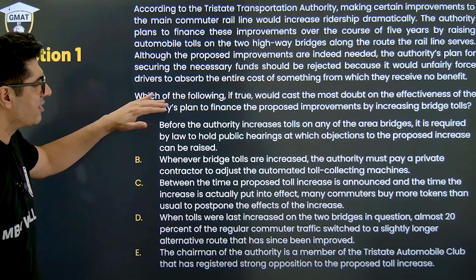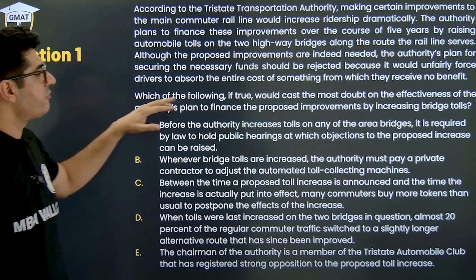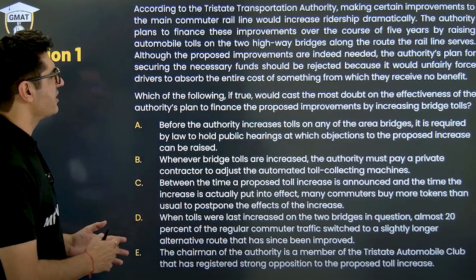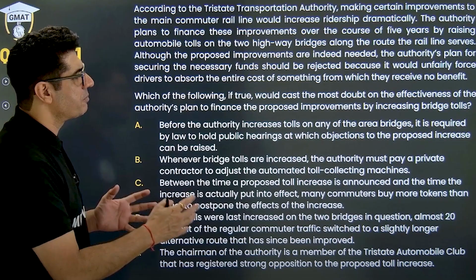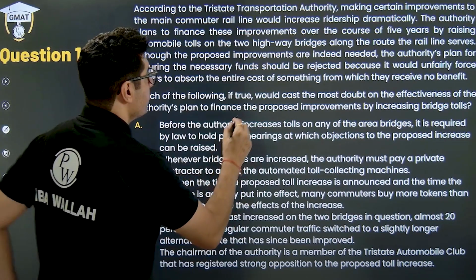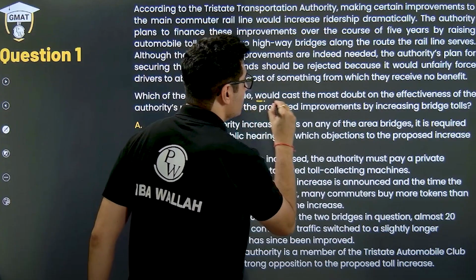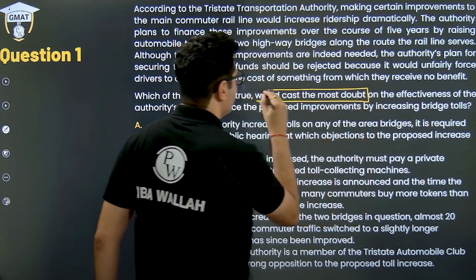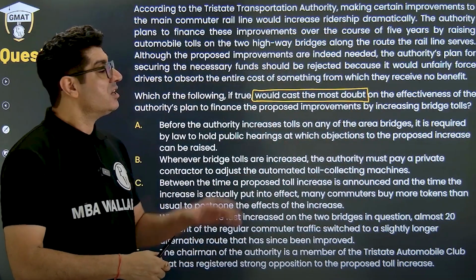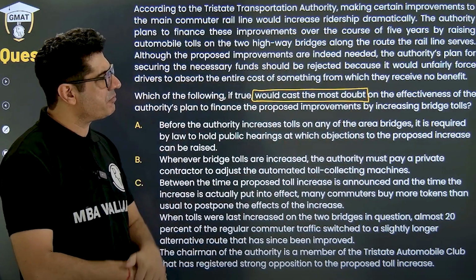So we typically start with the question stem. Which of the following, if true, would cast the most doubt on the effectiveness of the authorities' plan to finance the proposed improvements by increasing bridge tolls? So the moment we see this, would cast the most doubt, you know that this is one way of asking us to weaken something. So in this specific case, what is it that we want to weaken?